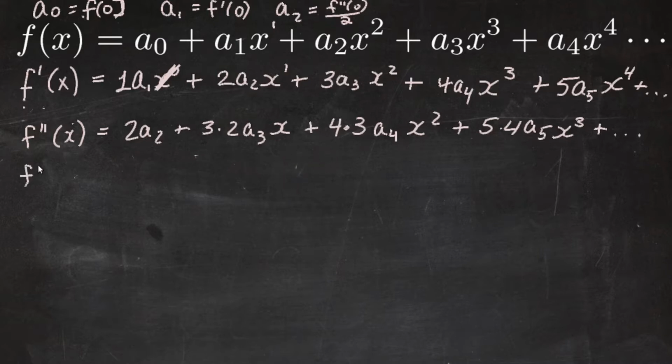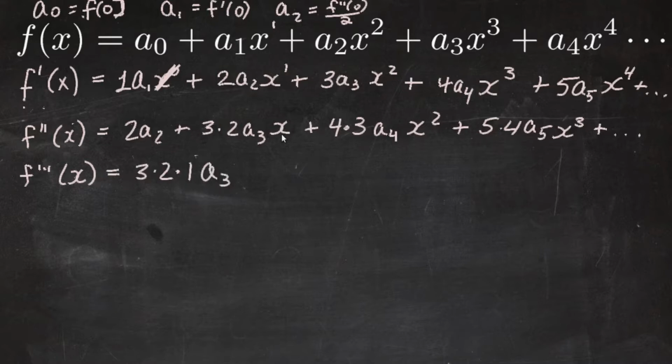So f triple prime of x is, derivative of a constant is, you guessed it, 0. I bring down the 1 here, so I have 3 times 2 times 1. Hey, that looks like a pattern.